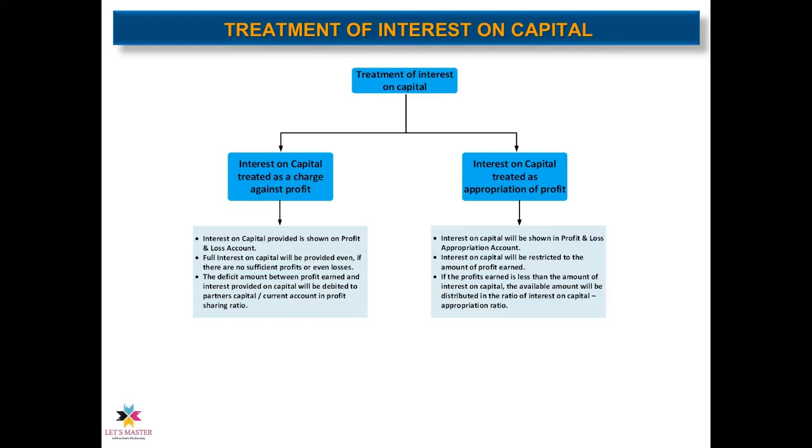When the interest on capital is treated as a charge against profit, it would be recorded in the profit and loss account and not in the profit and loss appropriation account, because when the firm is paying interest on capital to the partners, it is an expense for the firm.